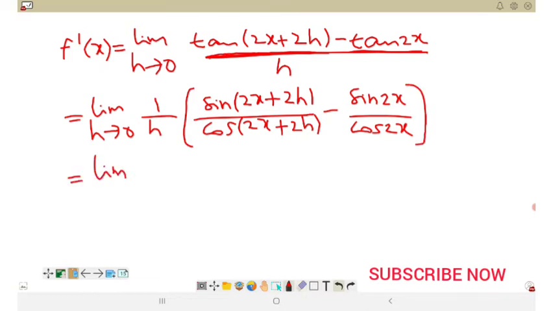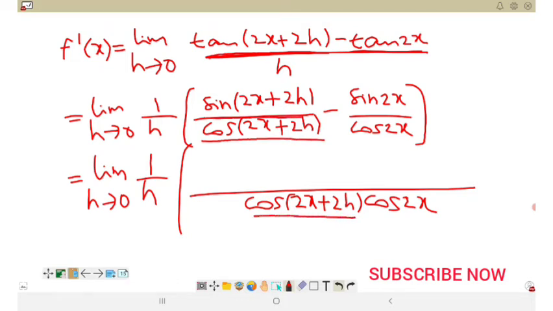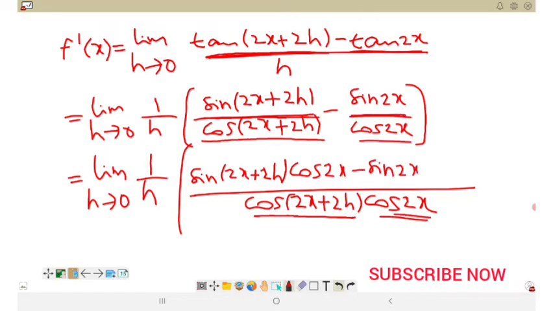So limit h tends to 0, 1 by h. So cos of 2x plus 2h cancels. Write sin of 2x plus 2h into cos 2x, minus sin 2x into cos of 2x plus 2h.